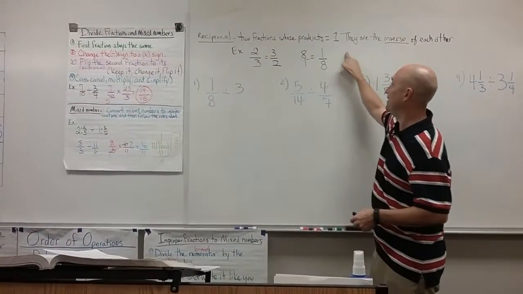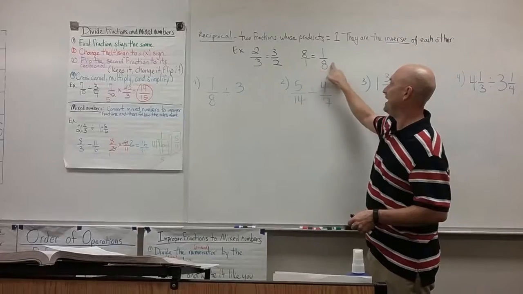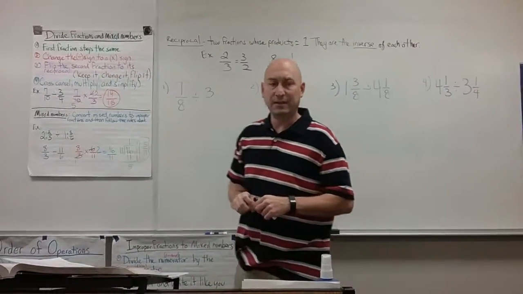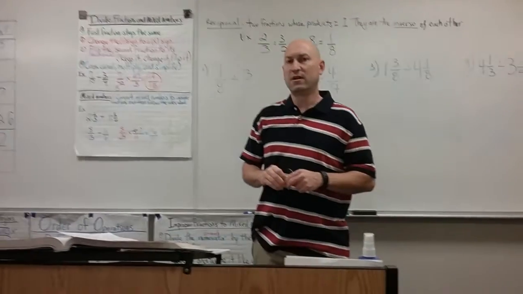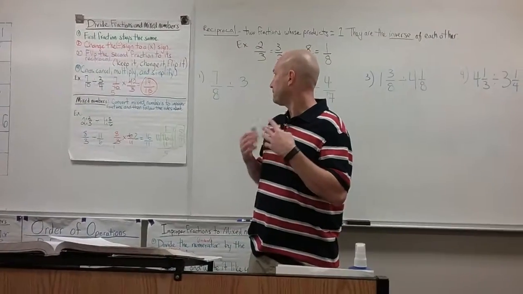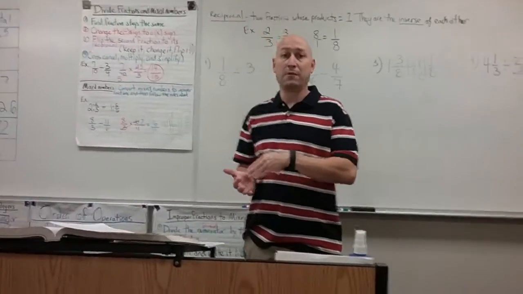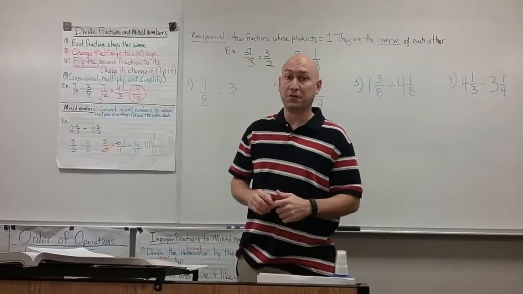Therefore, 8 times 1 is 8, and 1 times 8 is 8, giving us a product of 1. So we're going to be dealing with the reciprocal when we talk about the steps involved in taking a division problem and converting it into a multiplication problem.